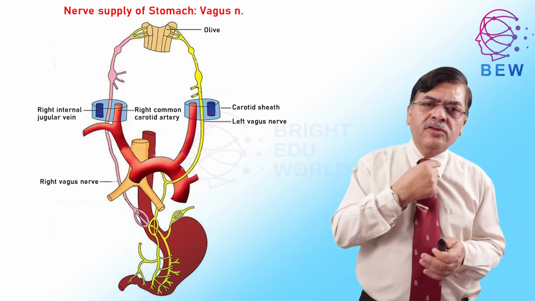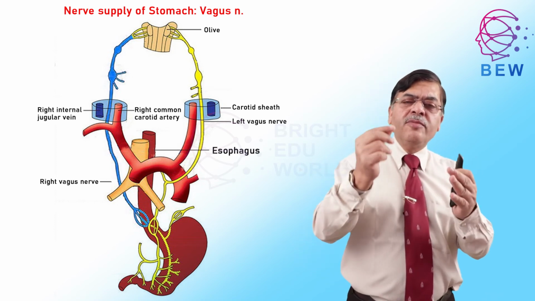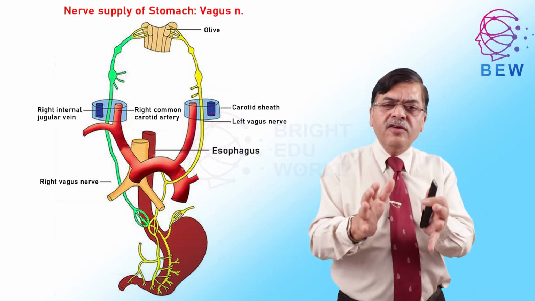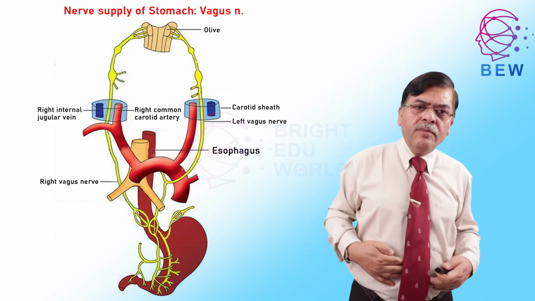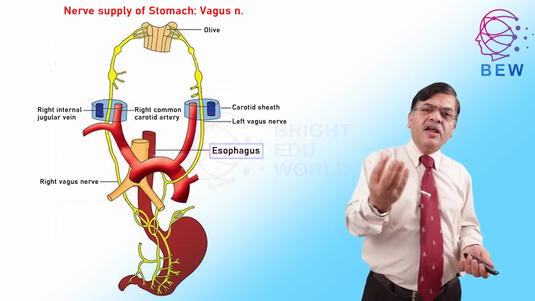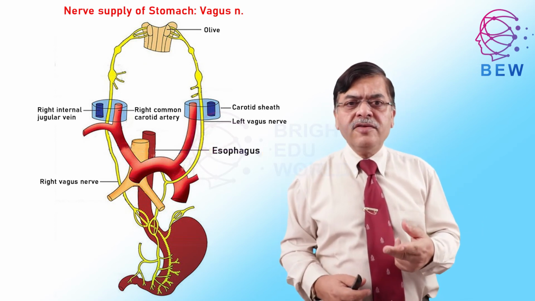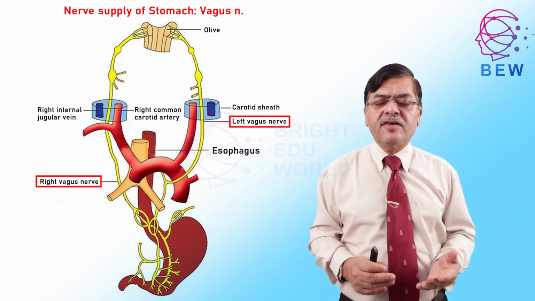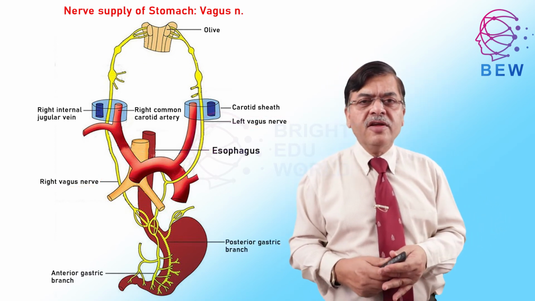As it comes into the thorax, it lies on the surface of the esophagus, but there it doesn't remain a single trunk, it generally divides into multiple thin branches. But as it comes back into the abdomen from the surface of the esophagus, it again regroups into two major vagus, left vagus and right vagus, also called anterior vagus and posterior vagus.